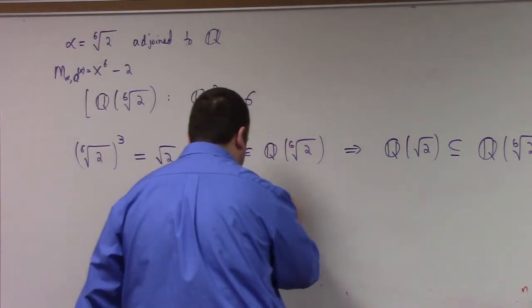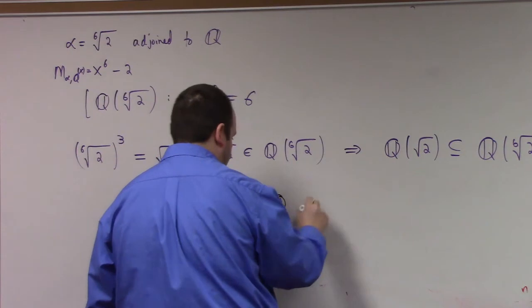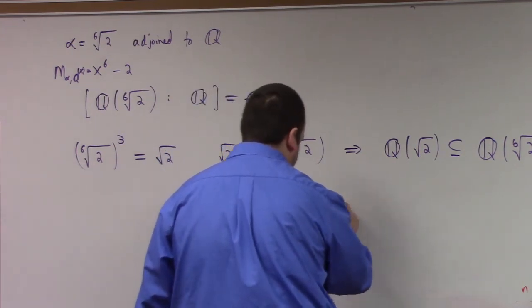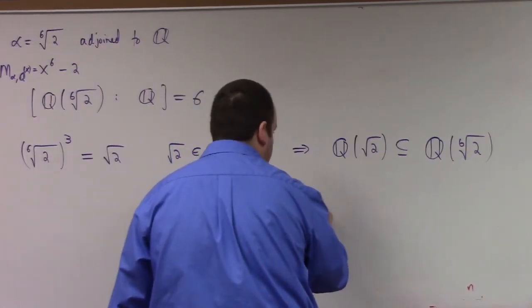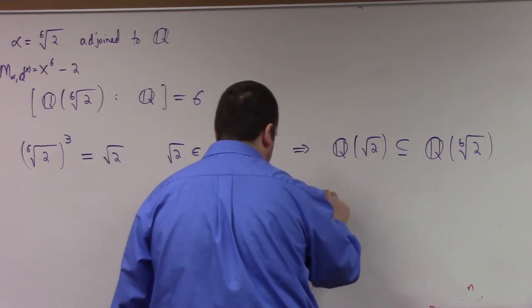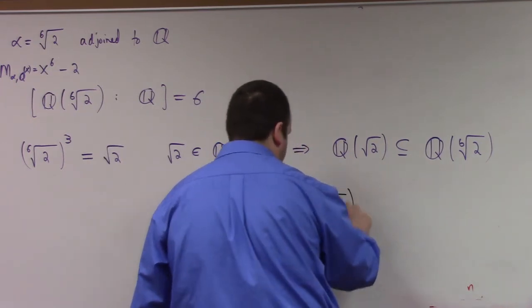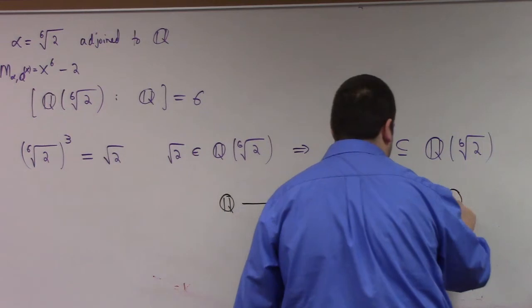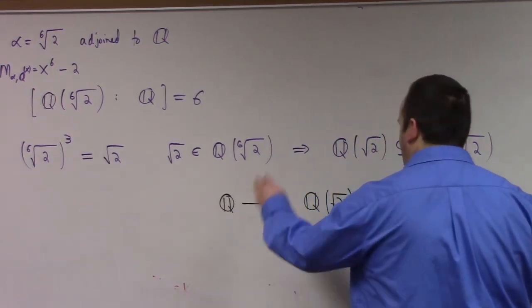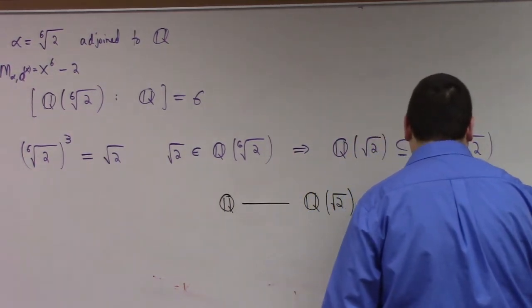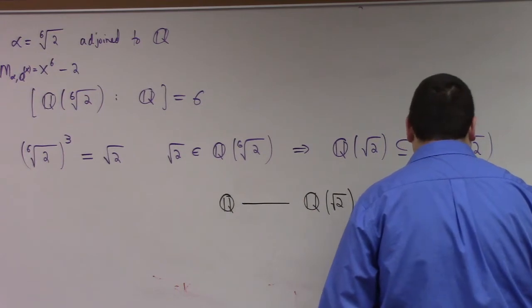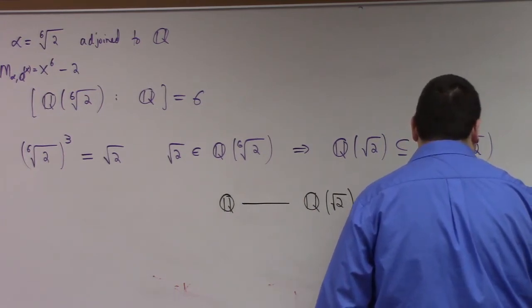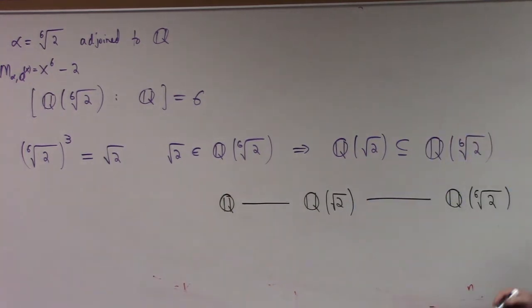And so we can look at the diagram again. We got our Q, and then we've got Q adjoin square root of 2. We usually draw these diagrams vertically. It occurs to me that I just fell victim to Dummit and Foote's typesetting. I mean, it does have 900 pages.